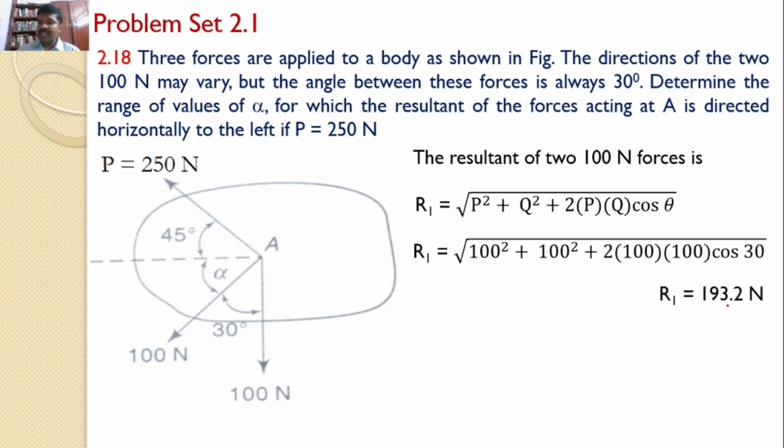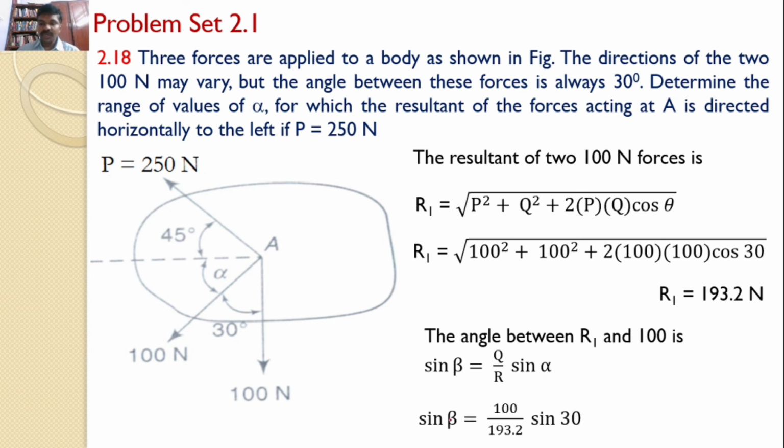I will get 193.2 newtons. And the angle made by the resultant with either of the 100 newtons can be calculated by using the equation sine beta is equal to Q by R into sine alpha. So sine beta is equal to 100 by 193.2 into sine 30, which gives the value of 15 degrees.